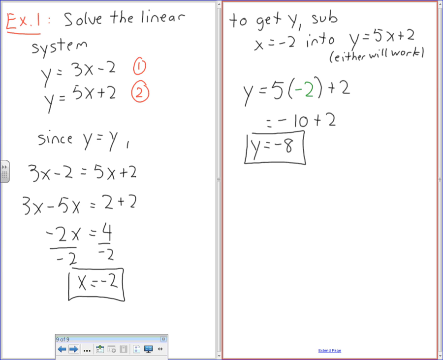Therefore, our POI, which stands for point of intersection, is -2 and -8. Wasn't that nice compared to graphing? It is beautiful compared to graphing, I think.